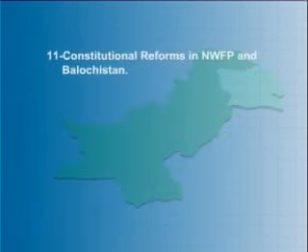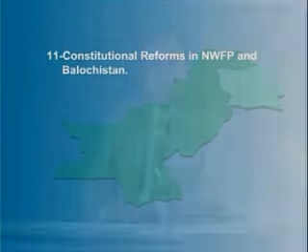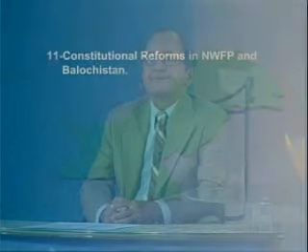The next point was that there should be constitutional reforms, constitutional changes in the frontier province and Balochistan, especially in Balochistan, which was from the constitutional development point of view very backward. Similarly, there was a need for constitutional changes in the frontier province, and Quaid-e-Azam demanded changes there.